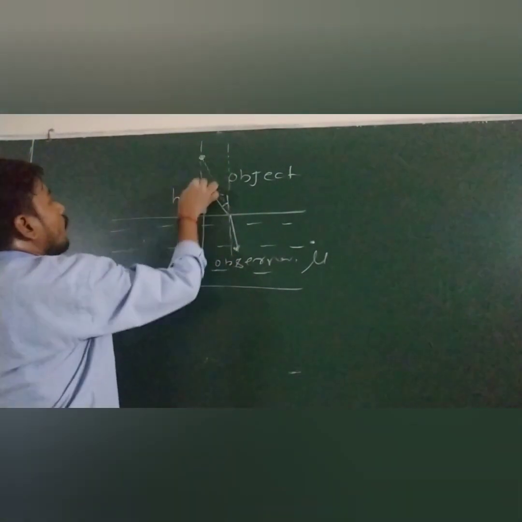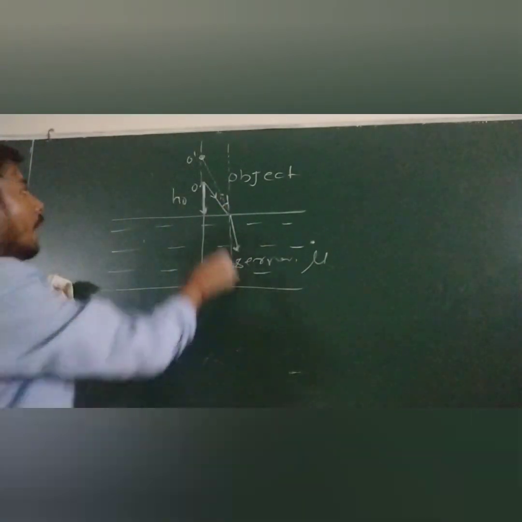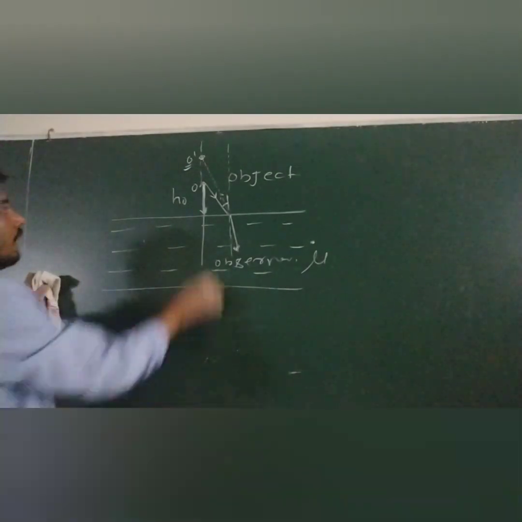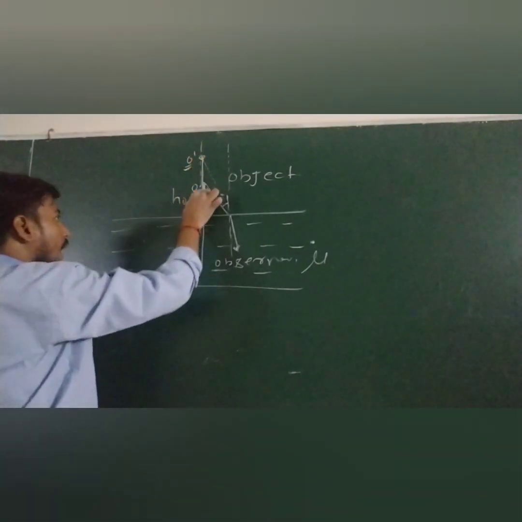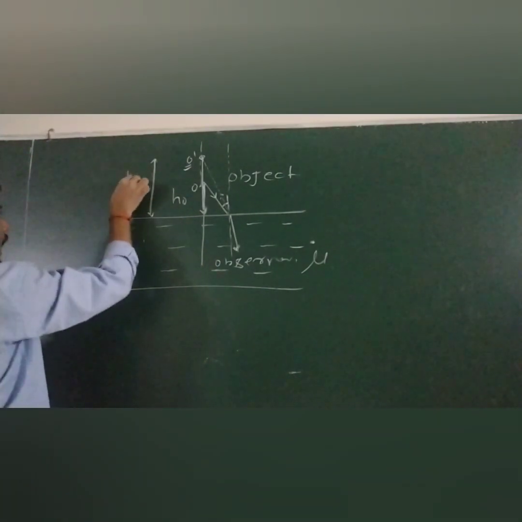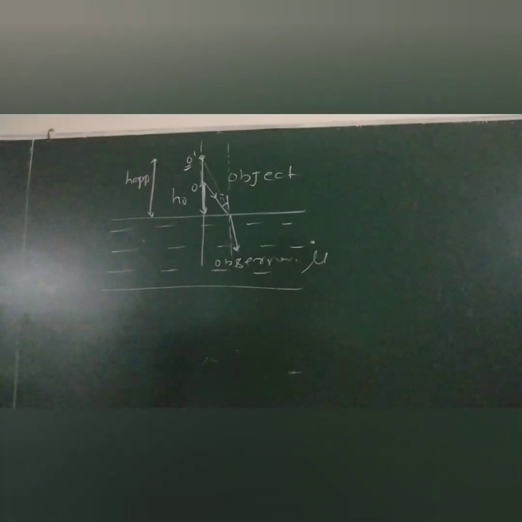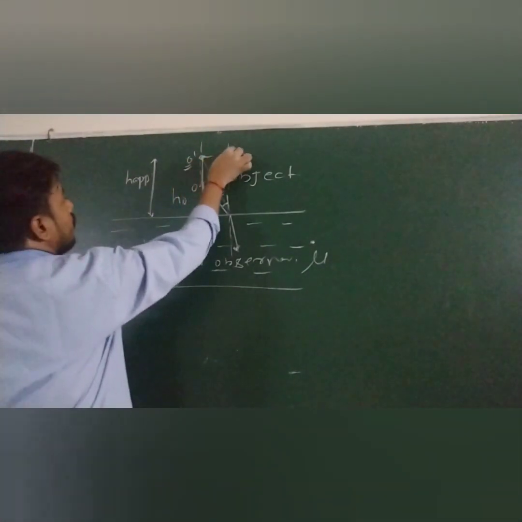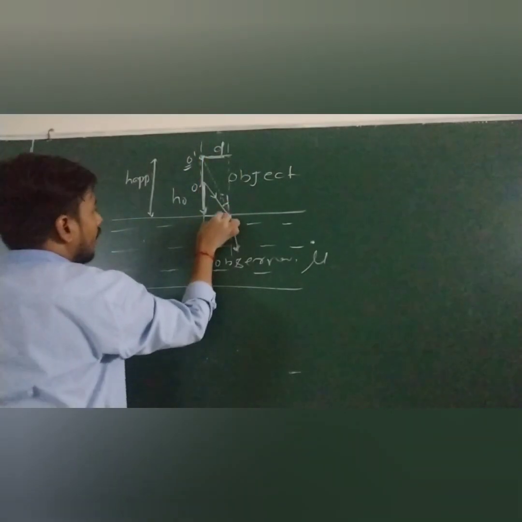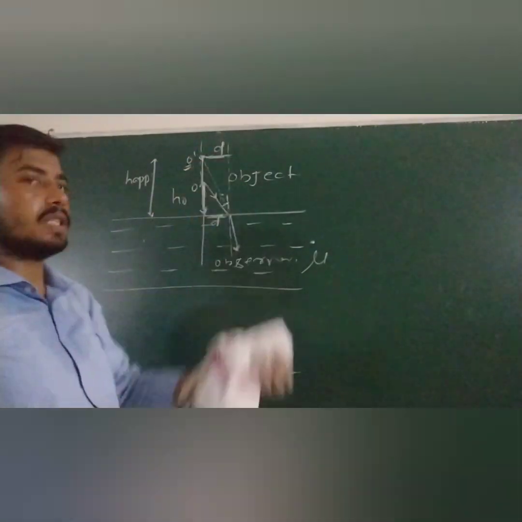This is the original object and this becomes O dash, the apparent object. So basically this total height is called the apparent height. Assume h dash. Suppose this distance is D, so this is also D, just for calculation.